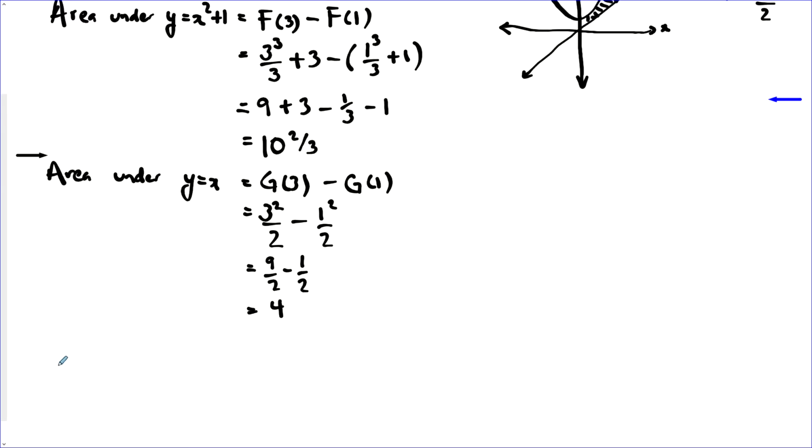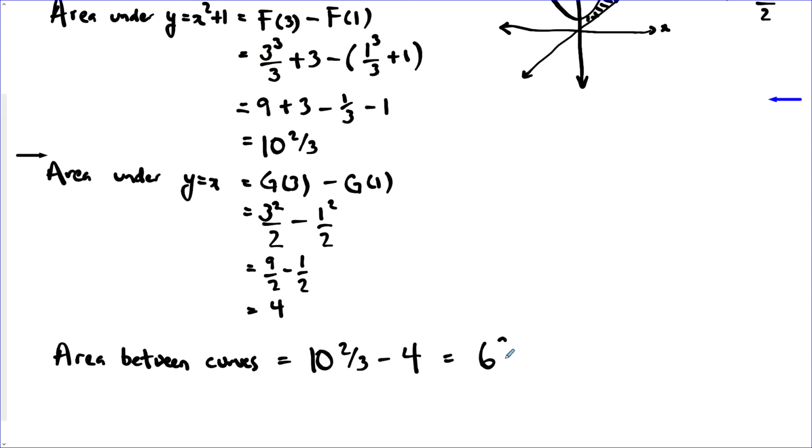And now we can finish by finding the area between the curves. And so this one is higher on the graph, but we can also see that it's larger, so that makes sense. So we would have 10 2/3 minus 4, and that would be 6 2/3 units squared.